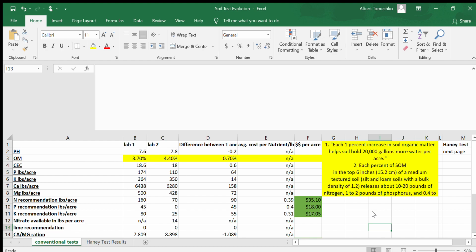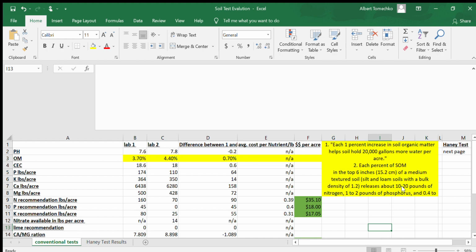specifically at large scale. If you're calculating irrigation costs or something like that for large scale farming, that could be a significant number. Also, if you're looking at your soil organic matter in the top 6 inches of a medium textured soil, and again, I think I mentioned this in another video, relative to your CEC, what that means is you can expect for every percentage of organic matter, 10 to 20 pounds of nitrogen being released.